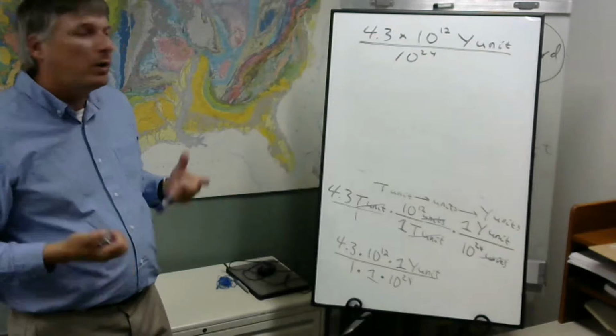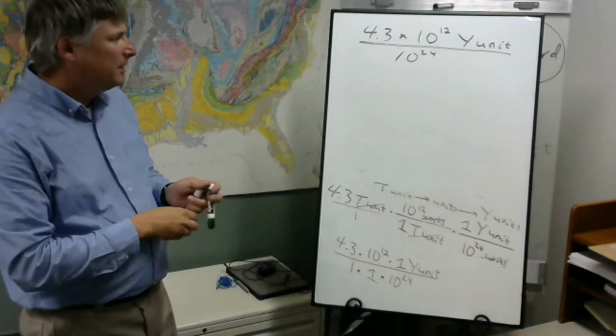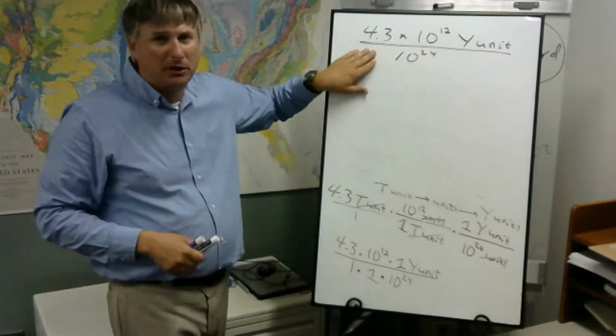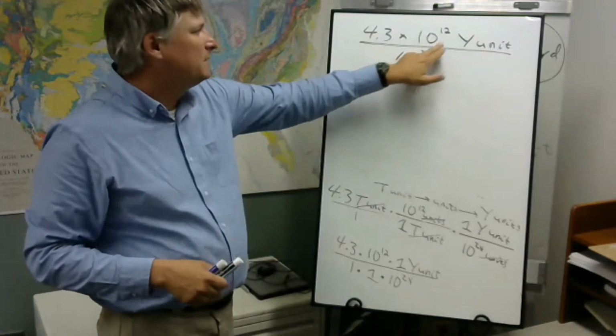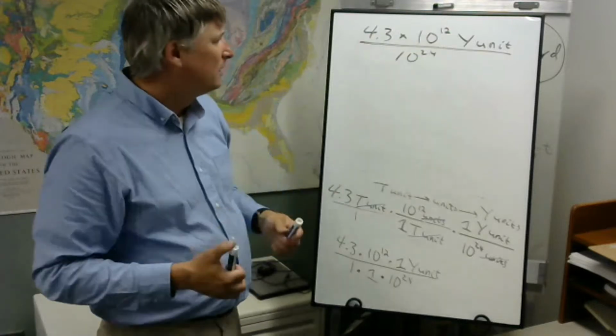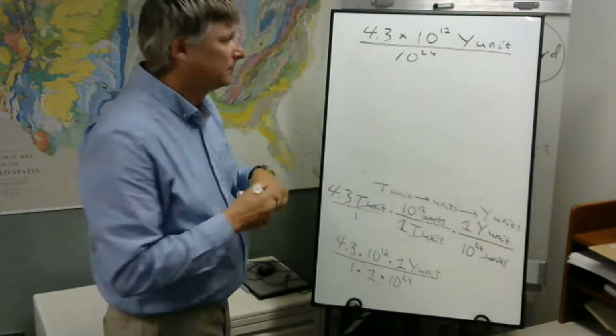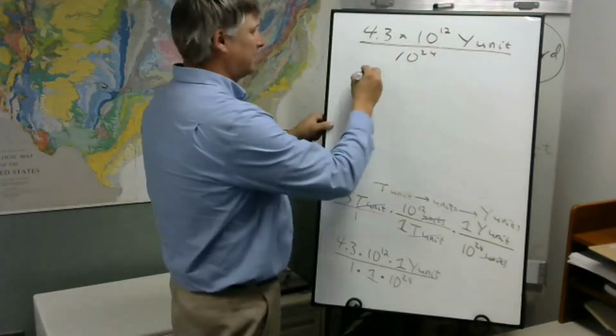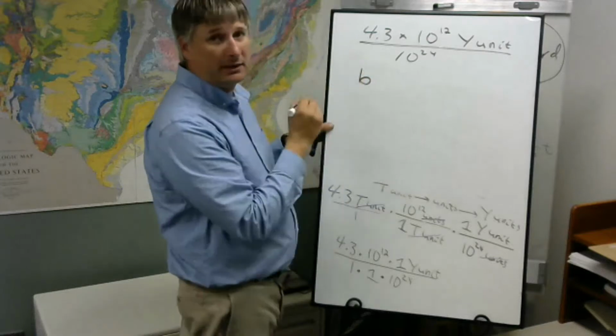Now, what we do here is we can either divide the 10 to the 24 into the 4.3 or divide it into the 10 to the 12. And we want to divide it into the 10 to the 12. And for our final answer, we're going to use a trick that has to do with exponents when we divide them. There's a rule that goes like this.